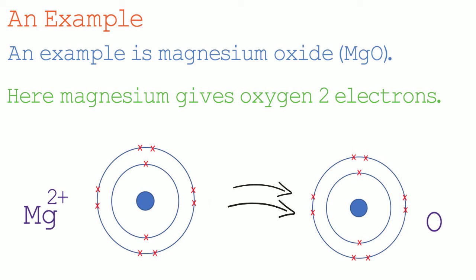Oxygen gains 2 electrons and therefore becomes negatively charged with a magnitude of 2, and we denote this by putting 2 minus in a superscript for the O. The 2 ions are attracted to each other because of their opposite charges, and this is the ionic bonding.